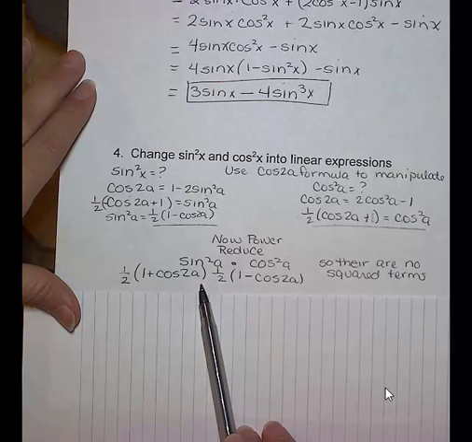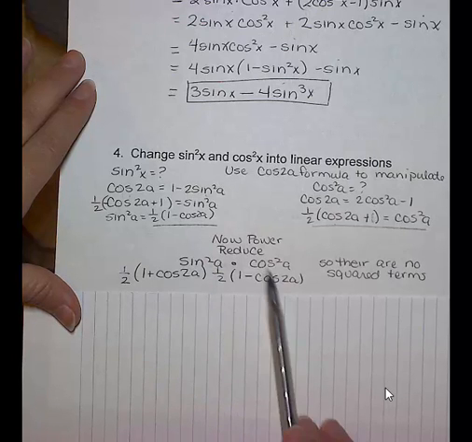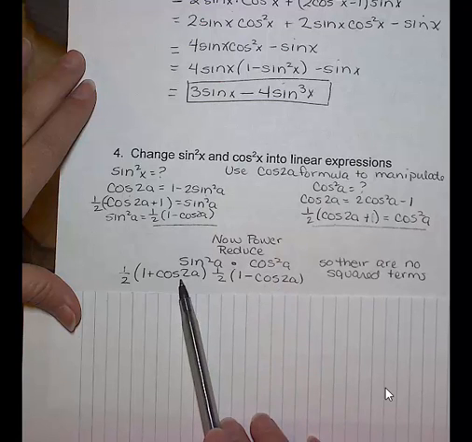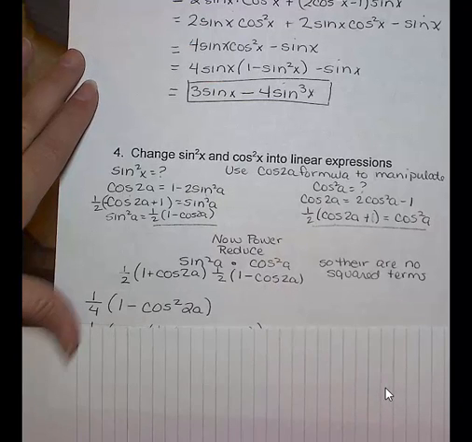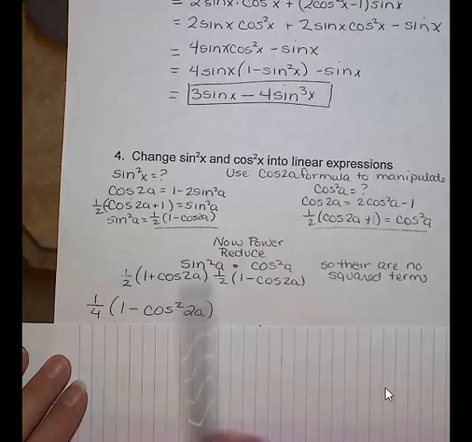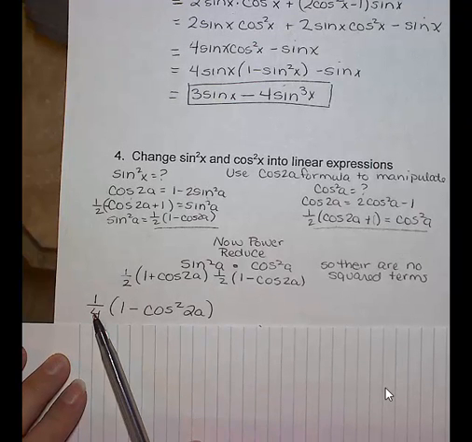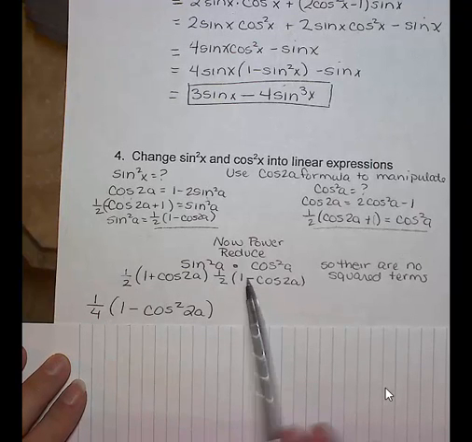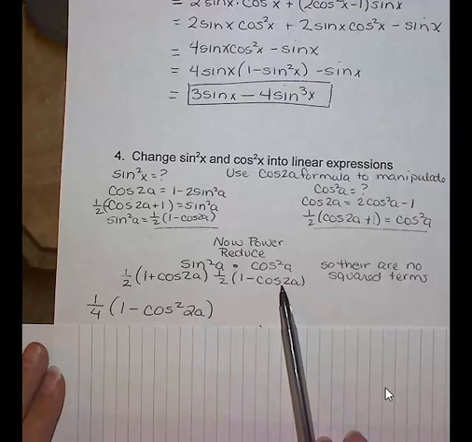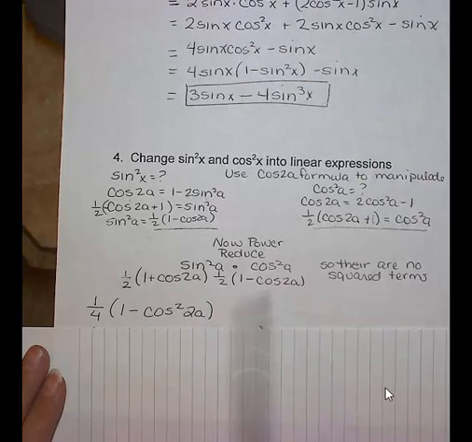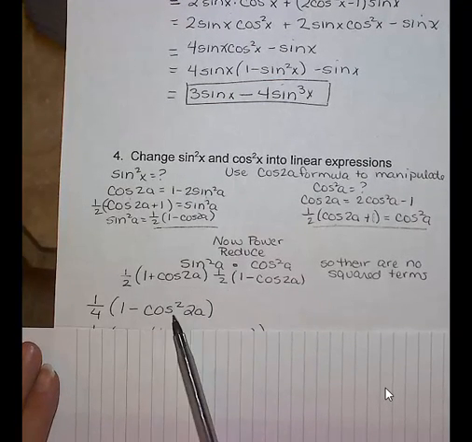And so they look like they're in linear terms, but we can see when we FOIL them together, we're going to still have a cosine squared, which I go ahead and do here. I've brought those 1/2s together to get 1/4. I did first and last here because that's the difference of two perfect squares, and we got cosine squared of 2a.